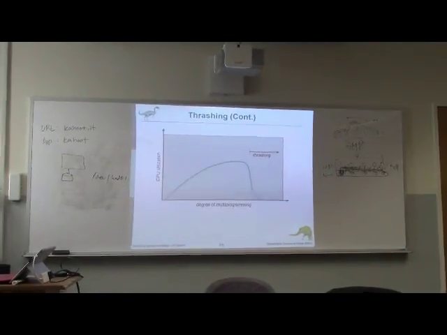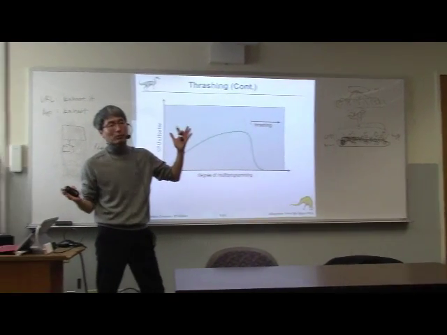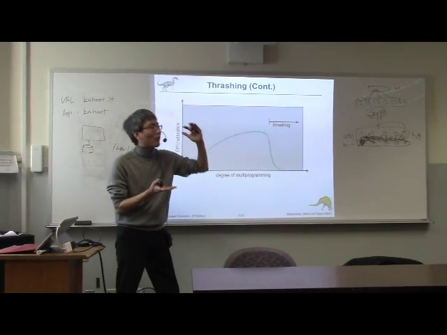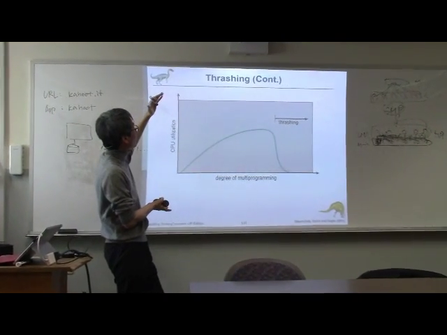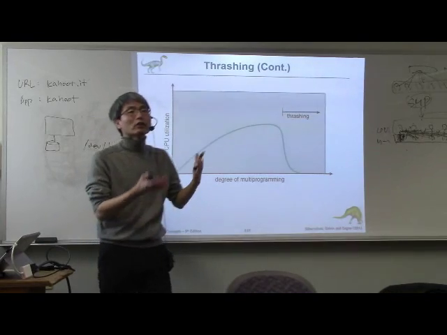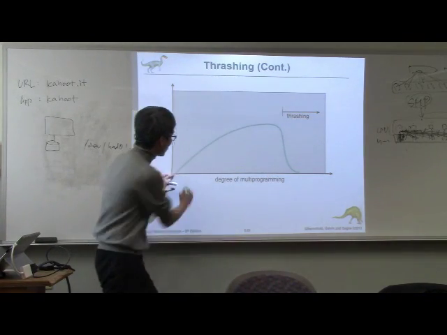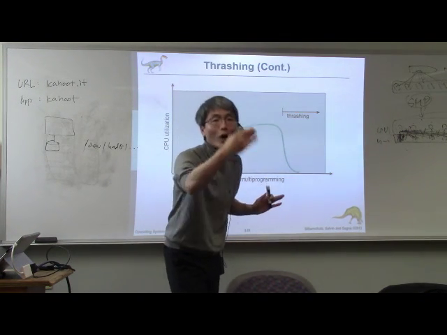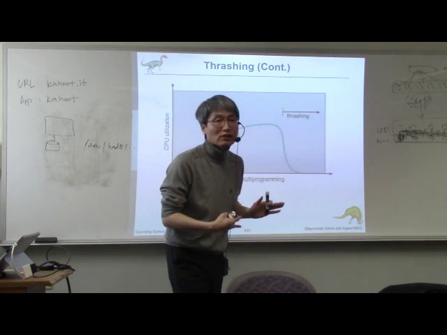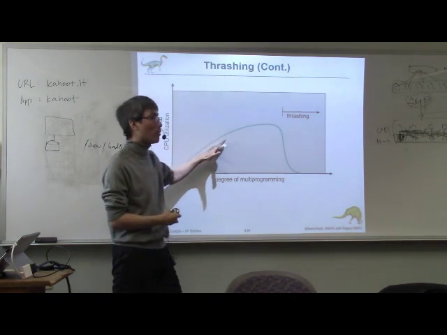Let's take a look at this one. We have not just 4 or 5 frames but a big, fixed-size physical memory, which allows multiprogramming. This is the degree of multiprogramming, which means you execute more and more processes. As more processes run, CPU utilization goes up.